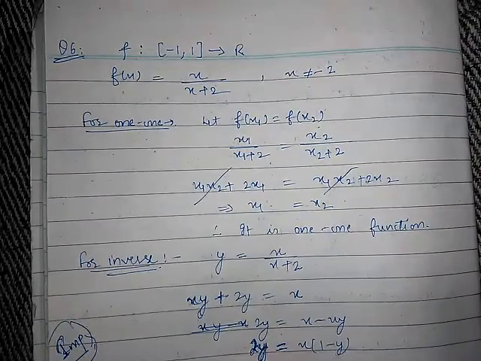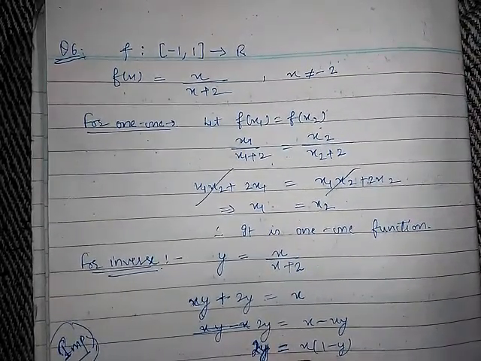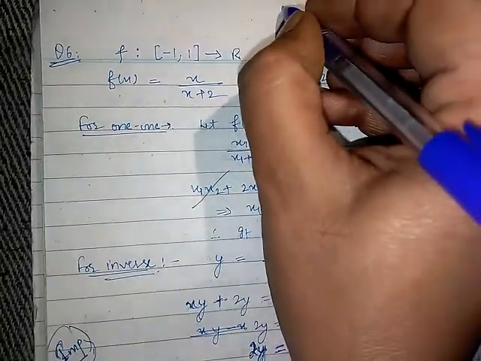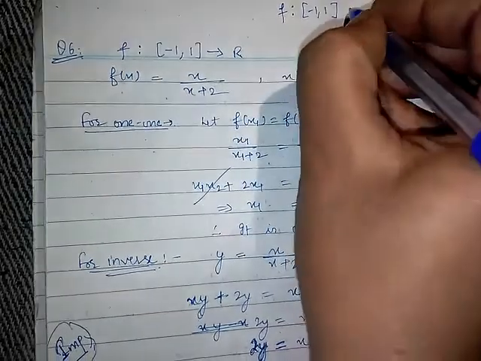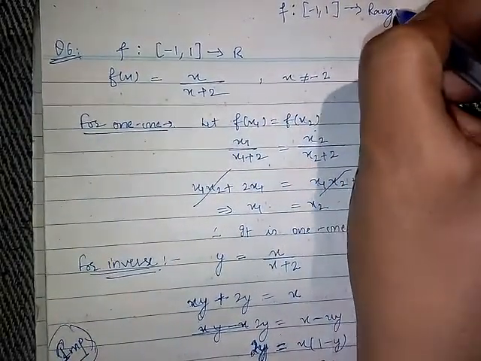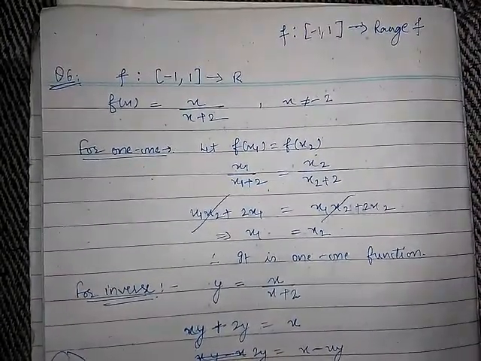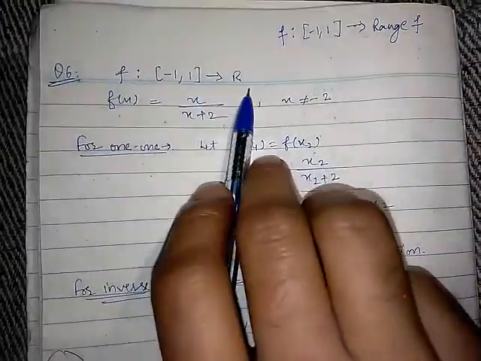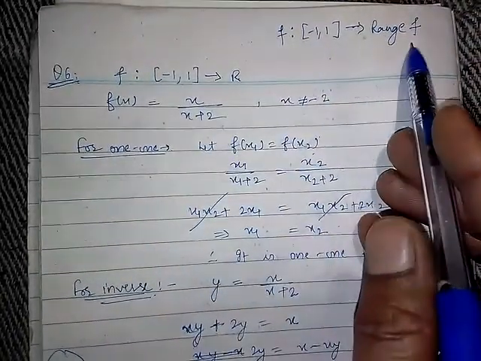One thing is given here: f maps -1 to 1 to the range of f, specially given in the question. Okay, here it shows this is the range, not the real numbers. So the range of f.